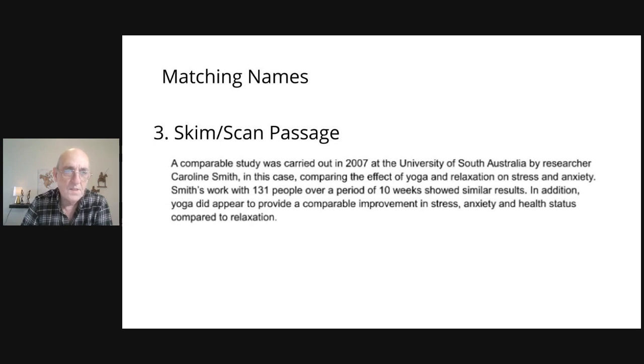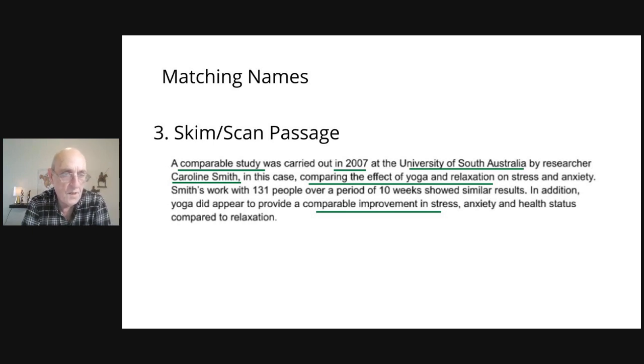So when I go to skim the passage, I'm going to be marking keywords from that keyword strategy, a comparable study, because I'm looking at adjective and noun combinations, which are so important for identifying key information. I'm looking for dates. 2007. I'm always going to mark dates, even if I didn't have them in the set of questions that I just looked at.